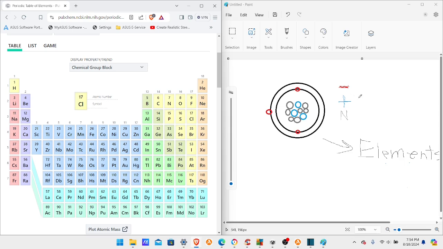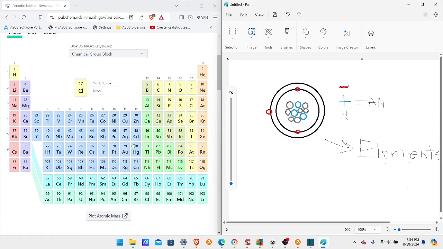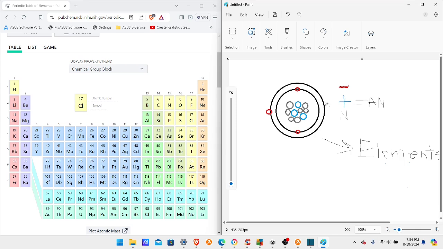And the atomic number is just the number of protons. So we can identify this atom just by looking at the periodic table. This would be lithium, because it has 3 protons. That's the atomic number of lithium, 3.